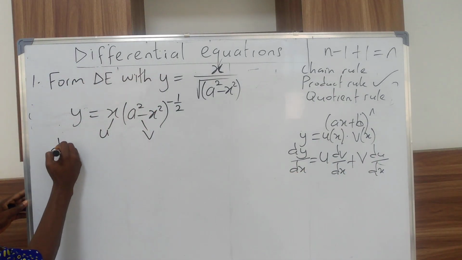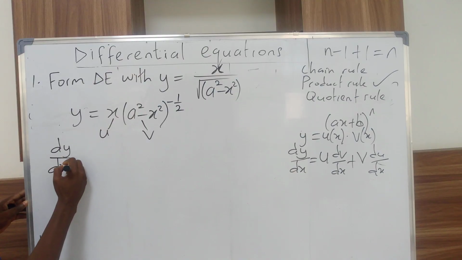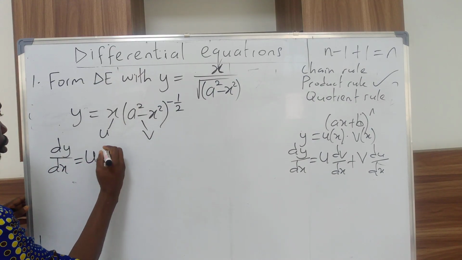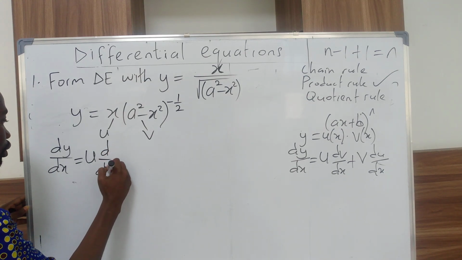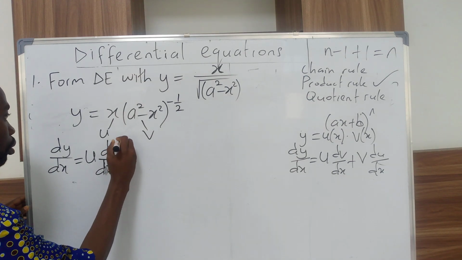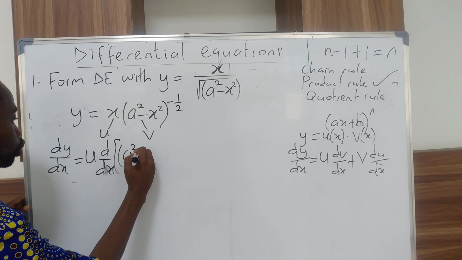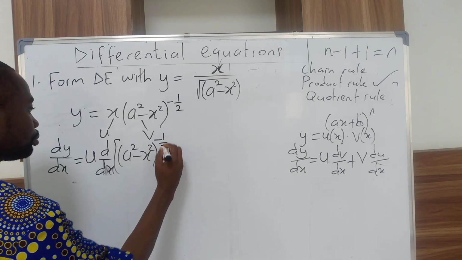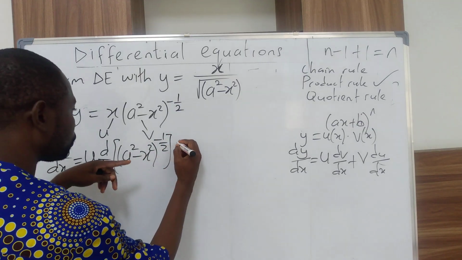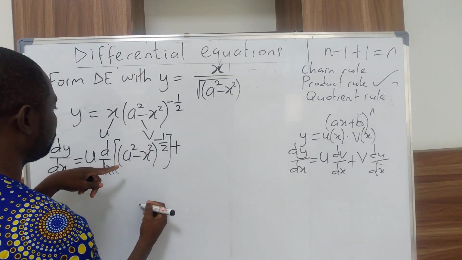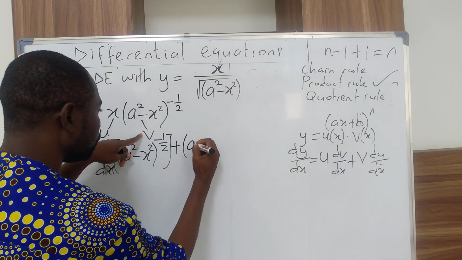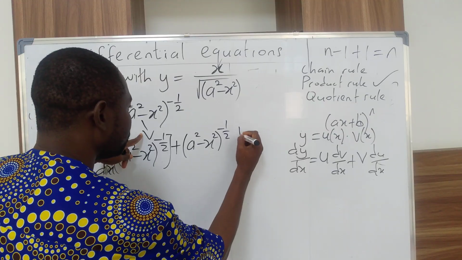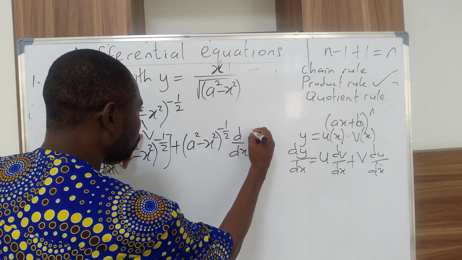So dy dx is equal to u, which is x, times d/dx of a squared minus x squared raised to power minus half, then plus v, which is a squared minus x squared raised to power minus half, times d/dx of x.